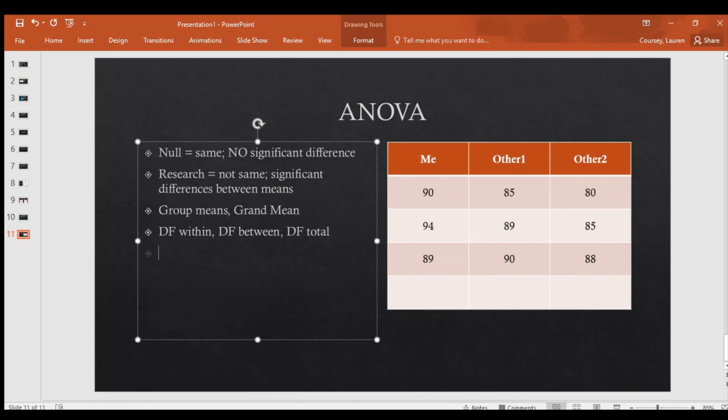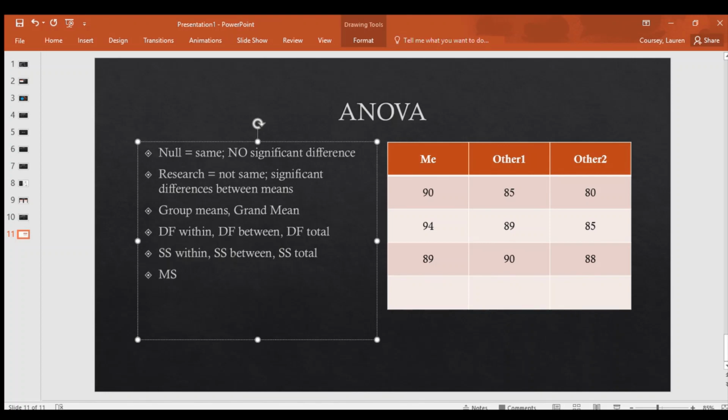I would also want to compute what's called sum of squares. So again, I would have sum of squares within, sum of squares between, and then sum of squares total, which would just be these two added together.